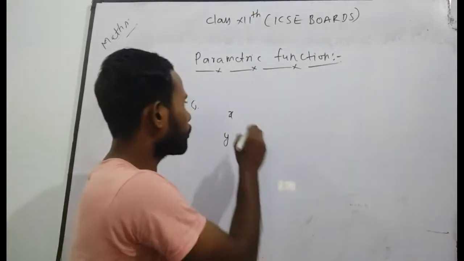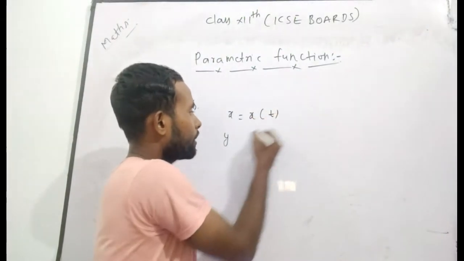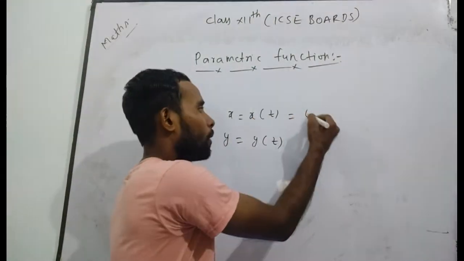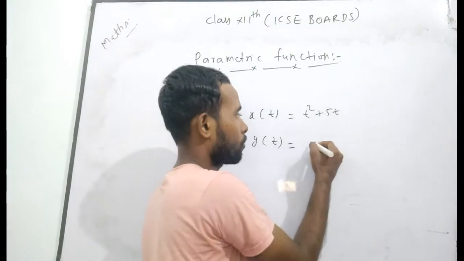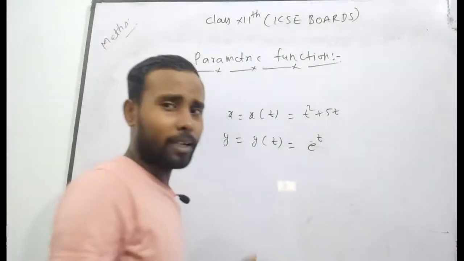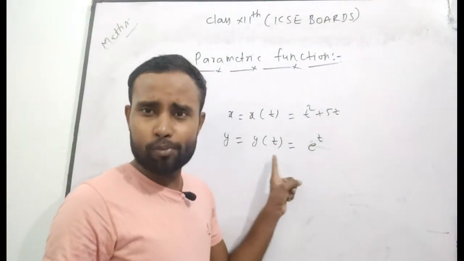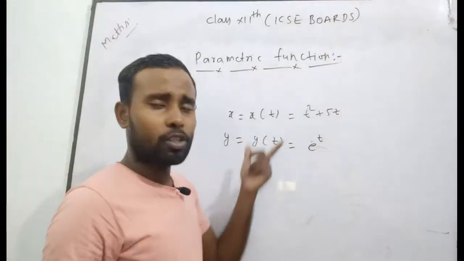Suppose x is a function of t and y is a function of t. Say x equals 5t square plus 5t and y is equal to e to the power t. Definitely you will tell me, sir, x is a function of t as well as y is also a function of t. In that case, how can you find the value of dy dx?